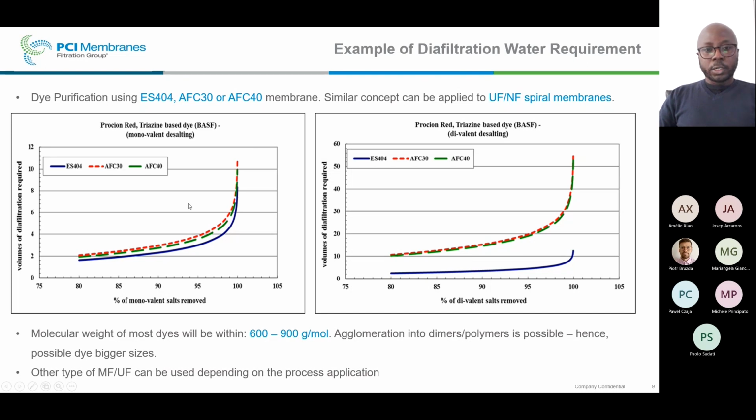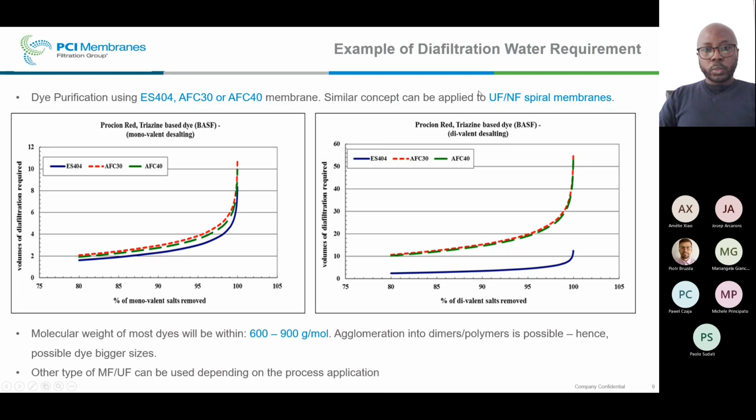Of course, this graphical representation that you can see relates the volume of the filtration water required to the percentage of salt removed, either when talking about monovalent salt or divalent salt. This representation is mainly referring to these three types of tubular membranes: the ES404, AFC30, AFC40.